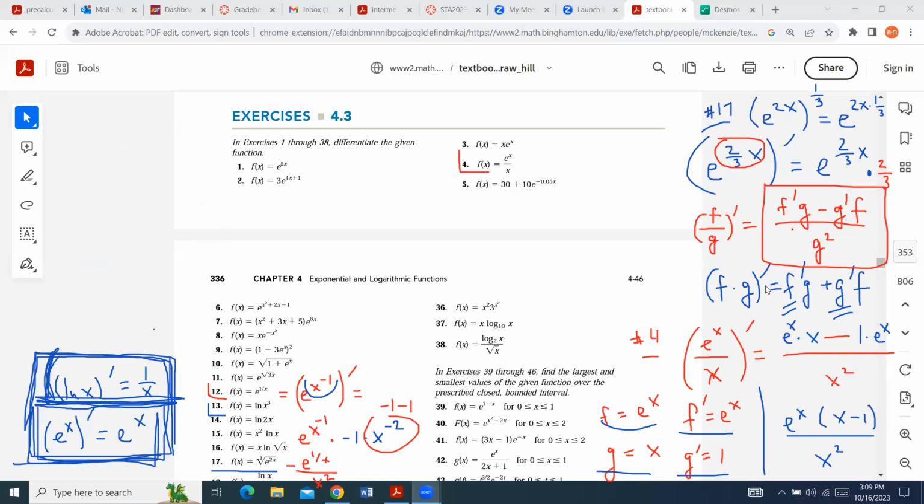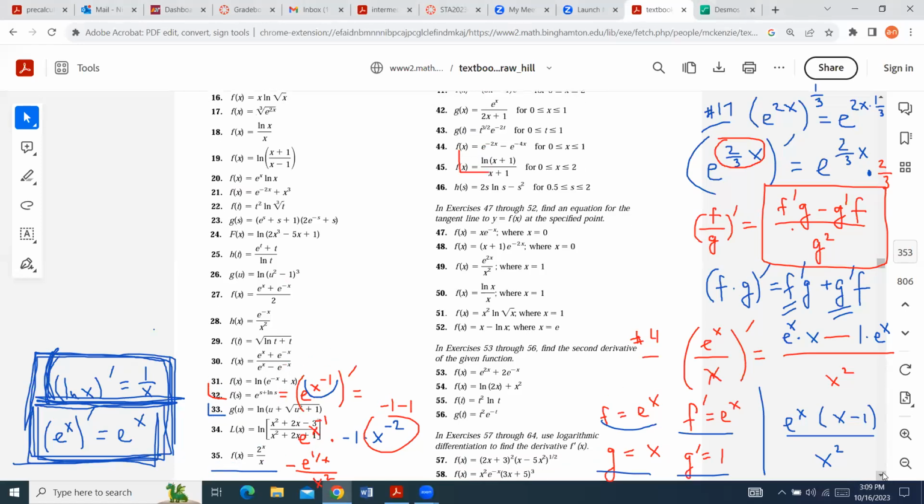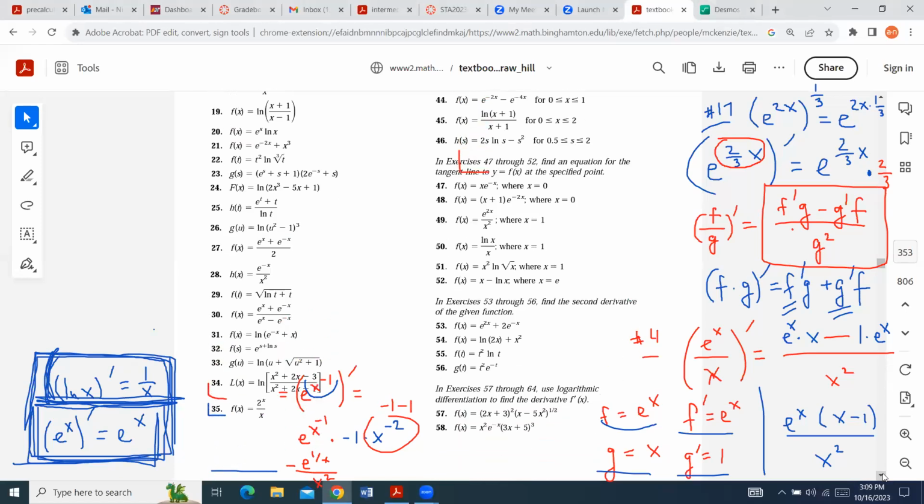I just want you to get used to this first, and then we'll move on to the next. You can see there are more and more exercises on this page, so you don't have to worry much about all of them, because that's just more of the same things using the same formulas.